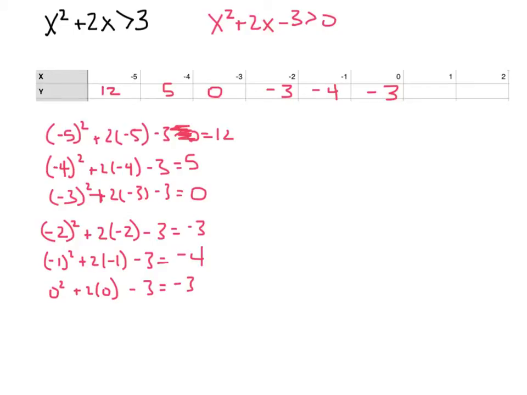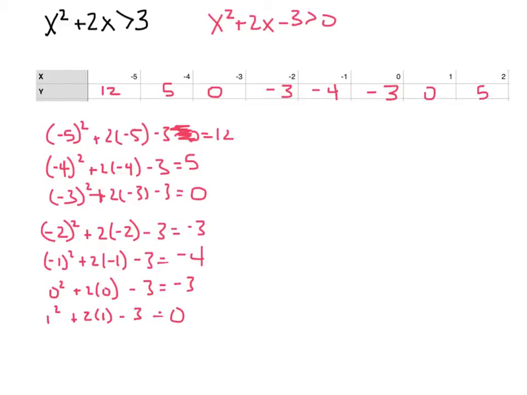Let's just check. I would think that the next number is going to be 0. So I plug in 1 squared plus 2 times 1 minus 3. Well, that's 1 plus 2 is 3, minus 3 is 0. Okay, so I can see this pattern happening again. This would be a 5.